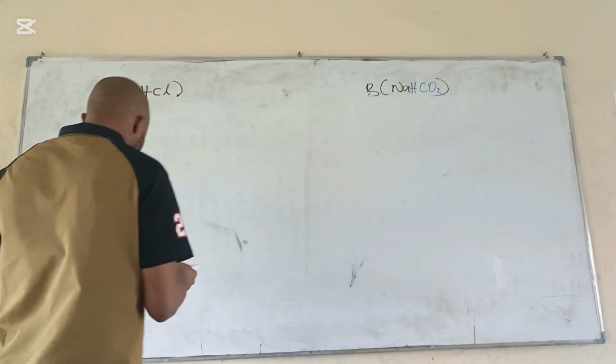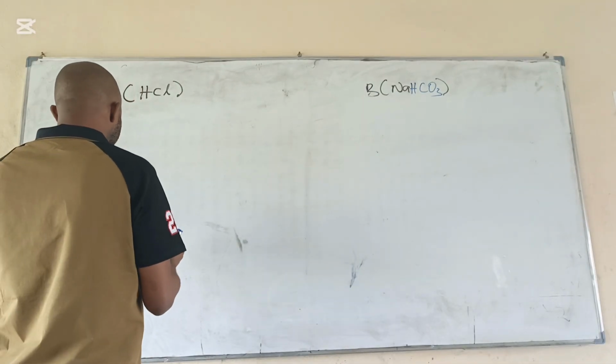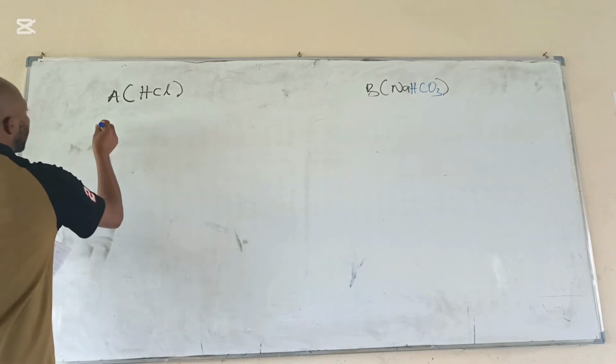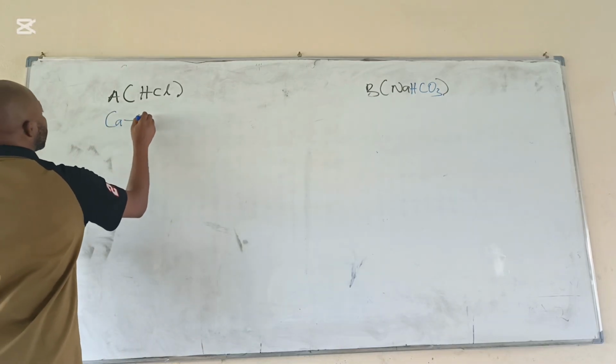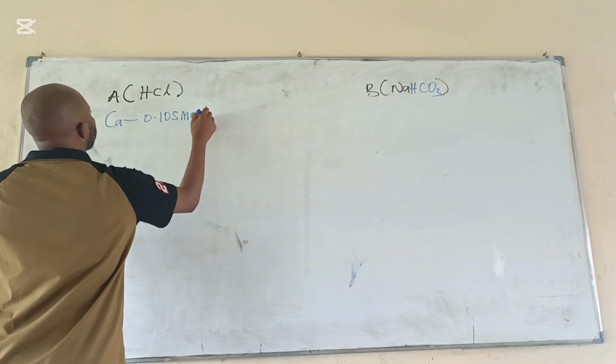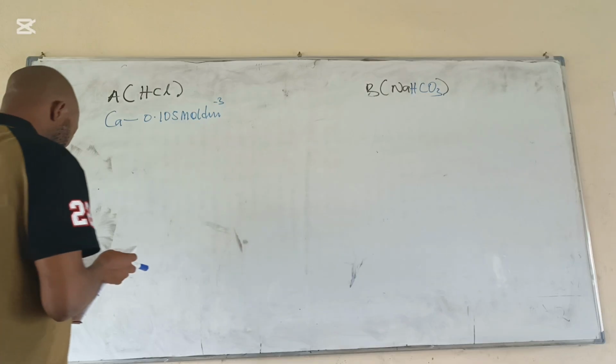Let me list out the given variables. First, A is 0.105 mole per dm cube. So the concentration of A is 0.105 mole per dm cube of HCl.